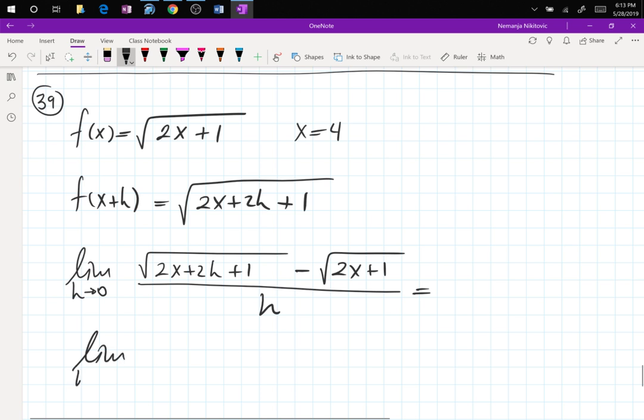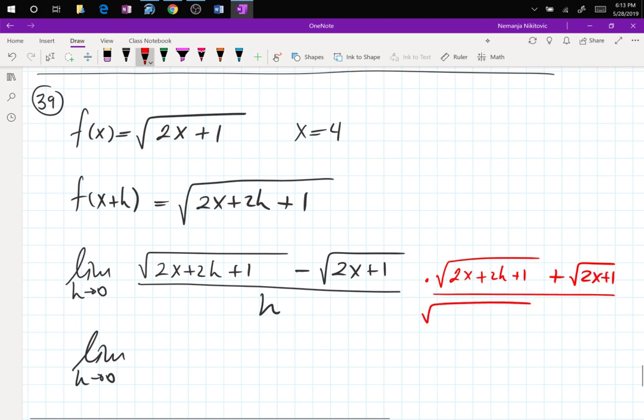What now? Excellent. Multiply by the conjugate, times square root of 2x plus 2h plus 1 plus square root of 2x plus 1. You have 2x plus 2h plus 1, minus 2x plus 1.